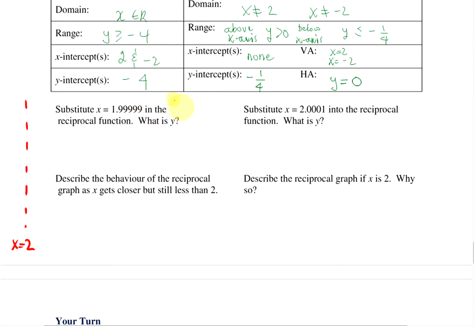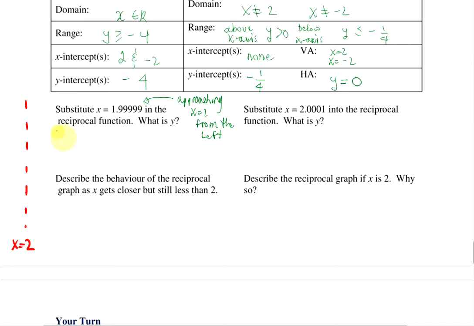That means we're approaching the vertical asymptote from the left. Numbers to the left of this are the numbers which are just slightly less than 2. Let's see what the value for y is.